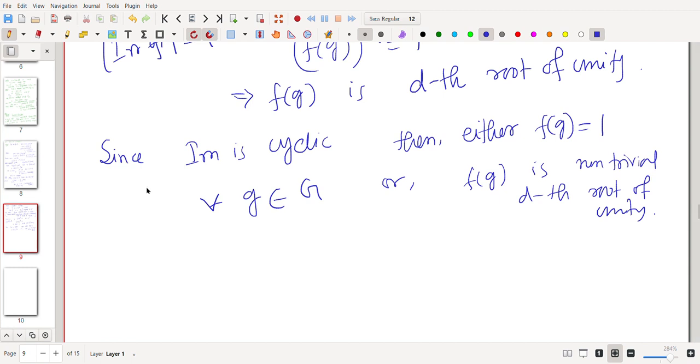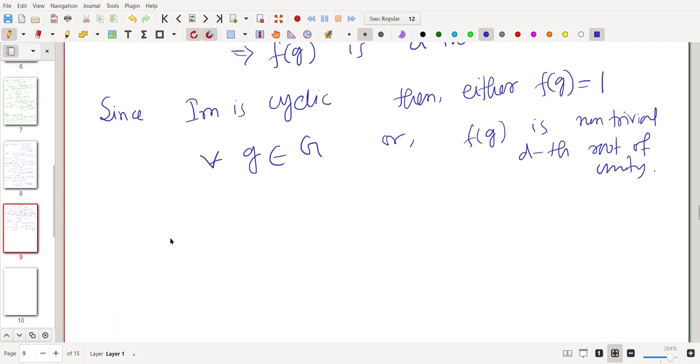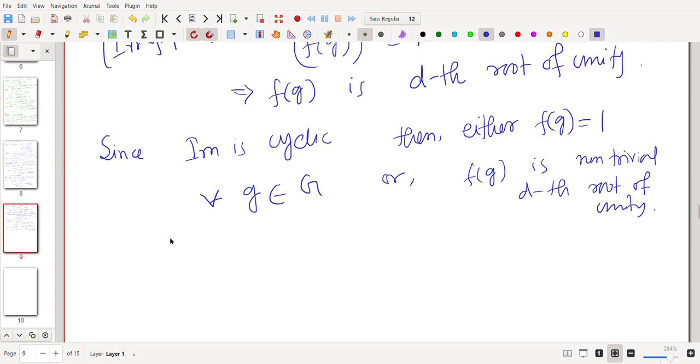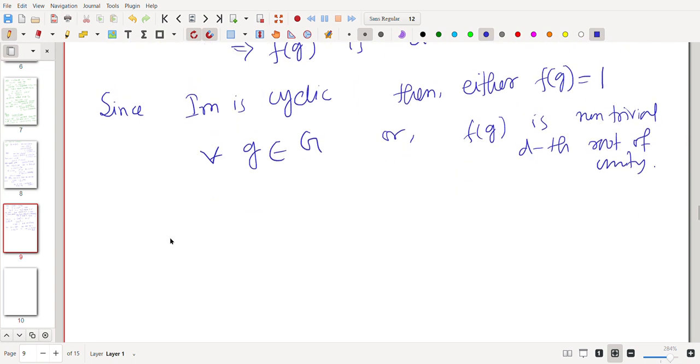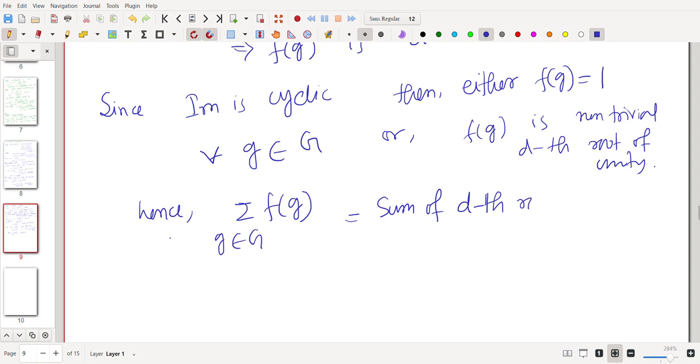Then since the image is cyclic, it will generate the other dth roots of unity also, right? That means hence summation of g belongs to G is basically the sum of dth roots of unity.